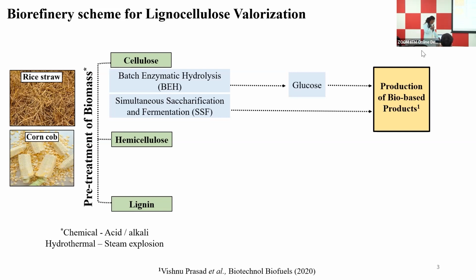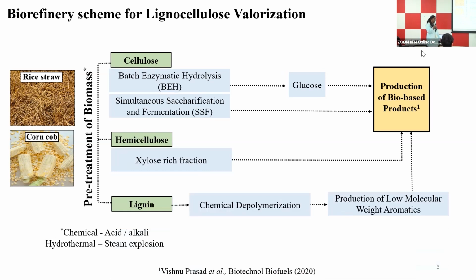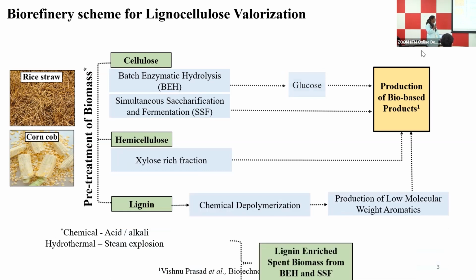We also have this hemicellulose fraction, which is mostly xylose rich, which is also underutilized because bacteria do not take up xylose like they take up glucose. So we need to find strains which can take up xylose. It would be like using an underutilized part, and also lignin, the least utilized. We can convert them into products.